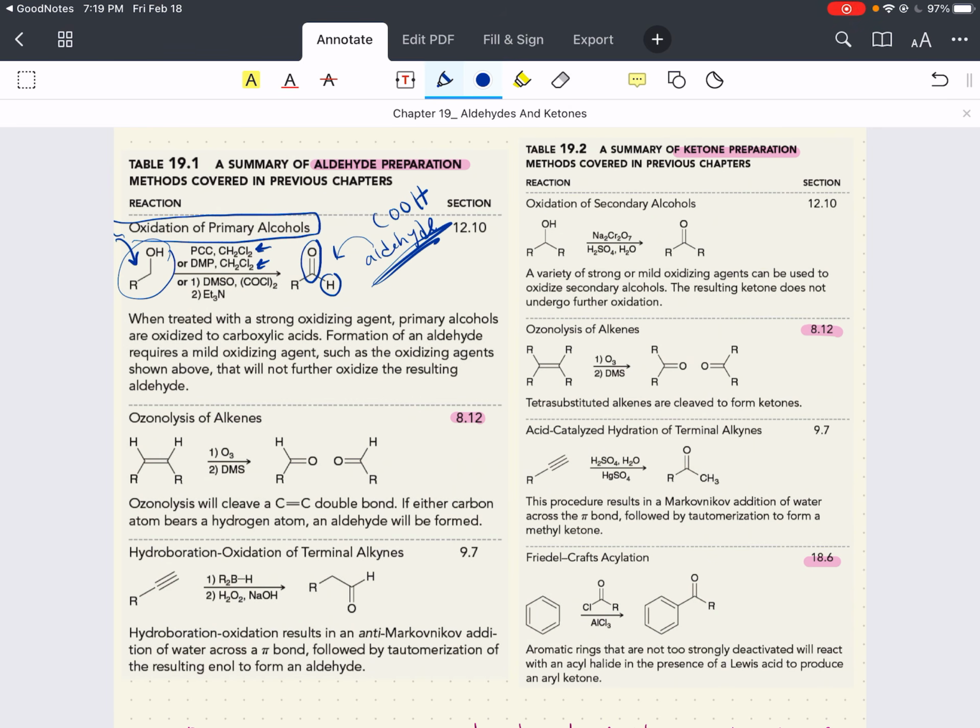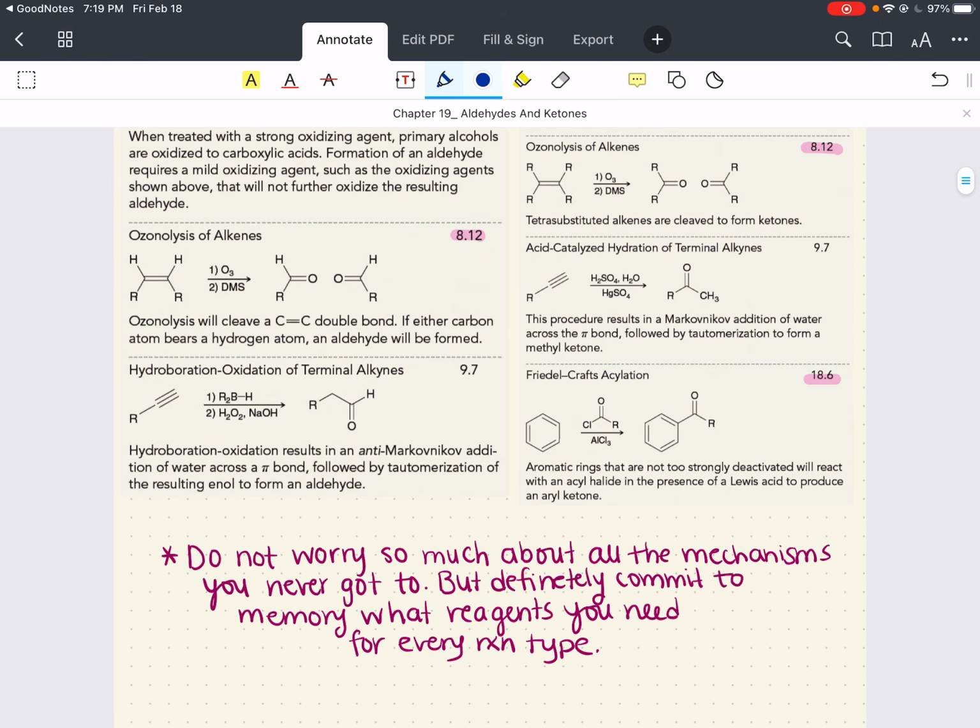Another way we can prepare aldehydes is through the ozonolysis of alkenes. Remember, ozonolysis will cleave, kind of like cut through, a carbon-carbon double bond. With this example, what we form at the ends are aldehydes because of the presence of hydrogen groups on both sides of the double bond.